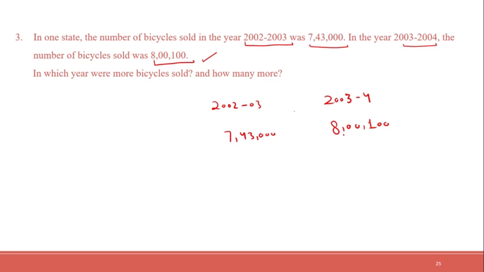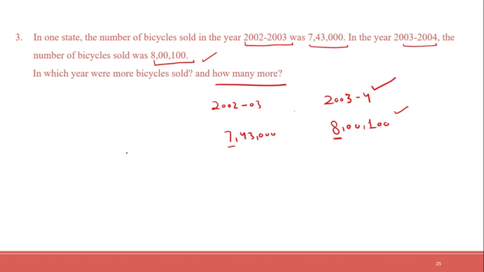So obviously 8 lakh is greater than 7 lakh 43,000. Just check the highest place value. It is lakh here, 8 lakh here, 7 lakh here. So it is greater, right? So now first of all we know in which year more bicycles are sold. Now they want how many more.